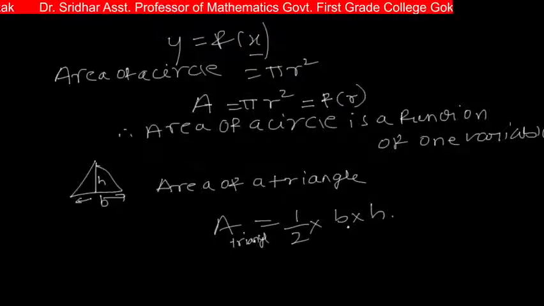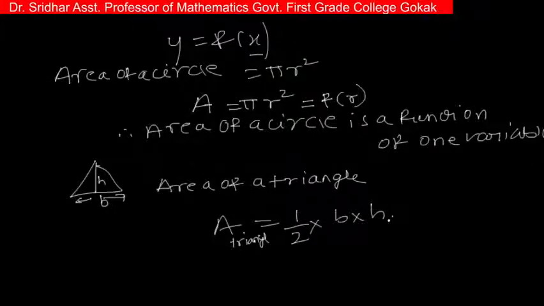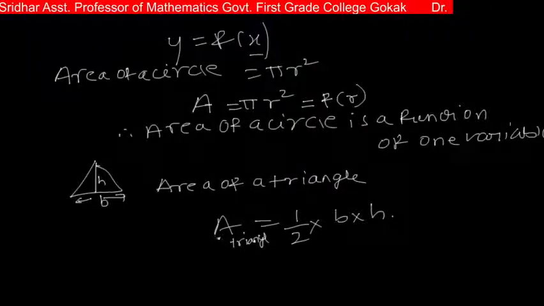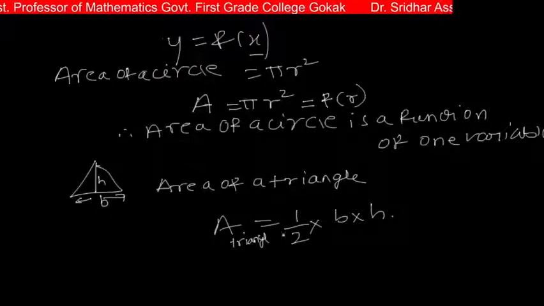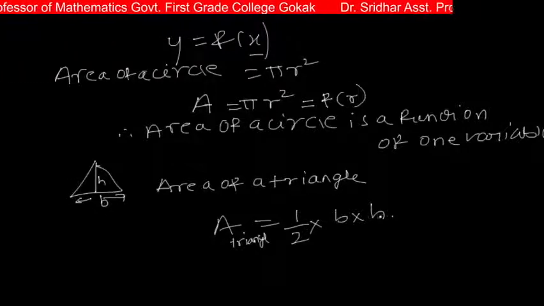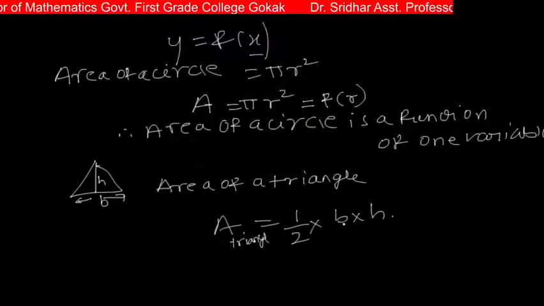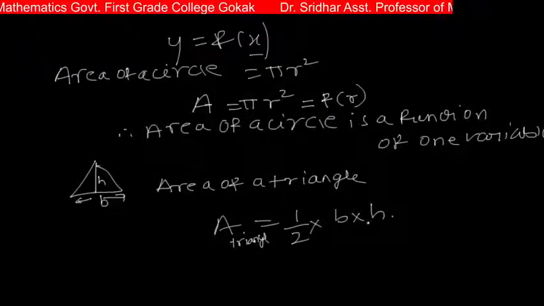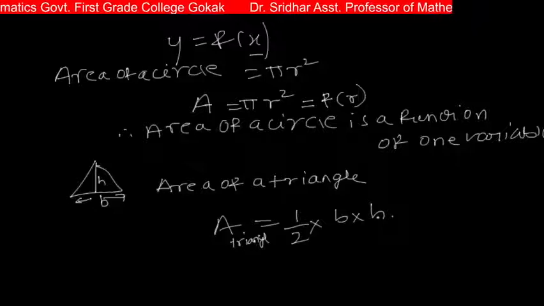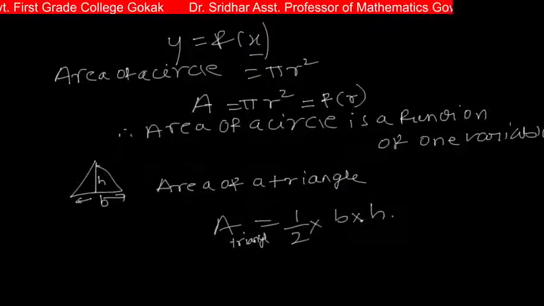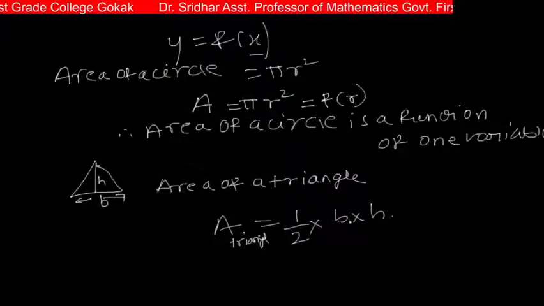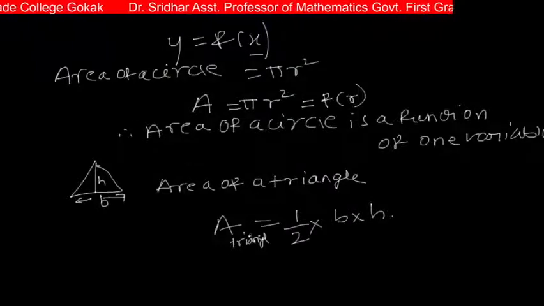Now if you know the base and the height, then you can calculate the area of a triangle. So the area of a triangle is a function of two variables, that is base and height. If you know both the values, then only you can calculate the area of a triangle.